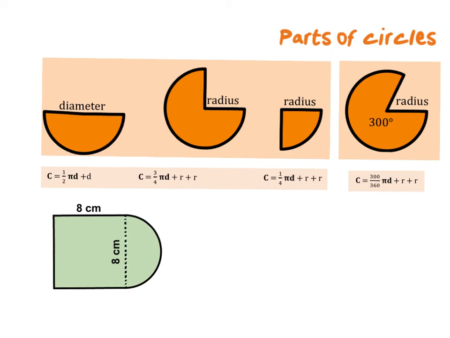So to calculate the perimeter of this, we are going to say 8 plus 8 plus 8. So these are the 3 sides of the square. And added onto that is a semicircle. To work out a semicircle or half a circle, we're going to say half times pi times the diameter of 8.